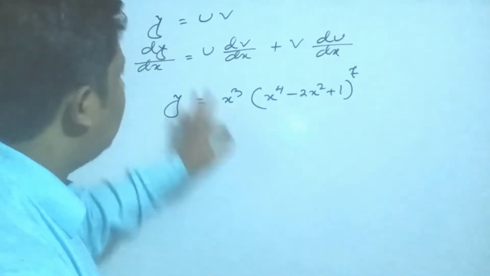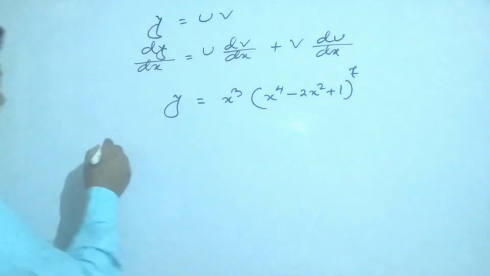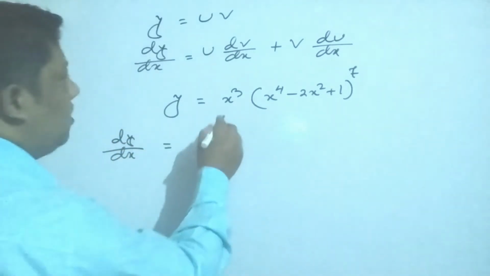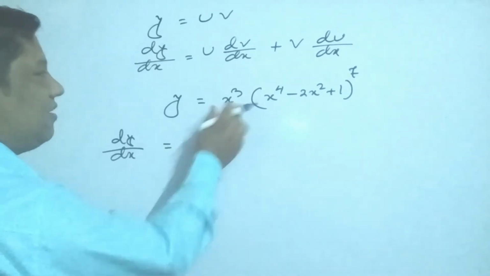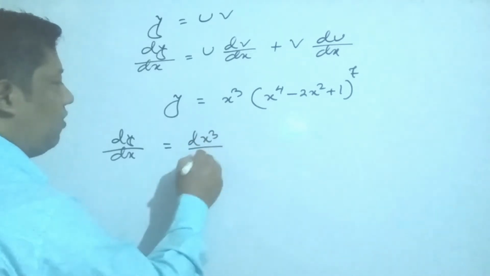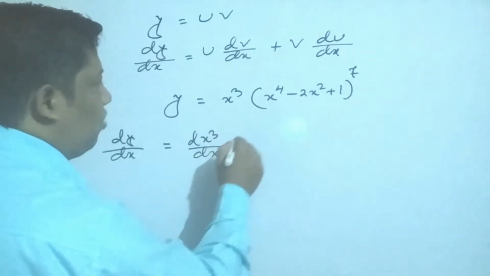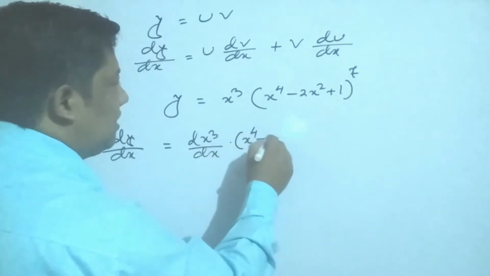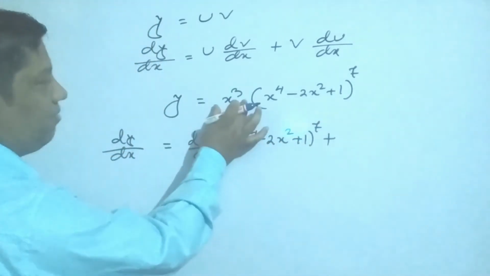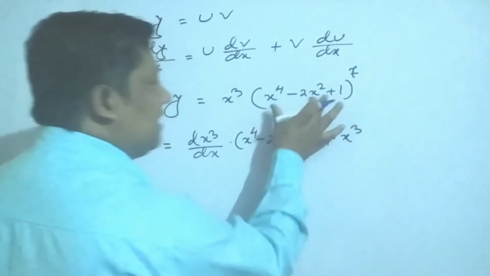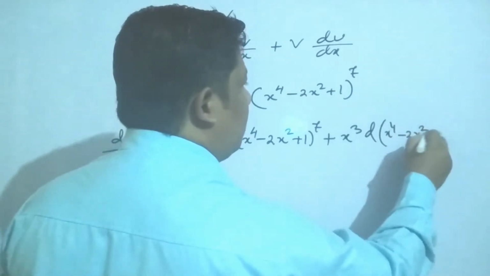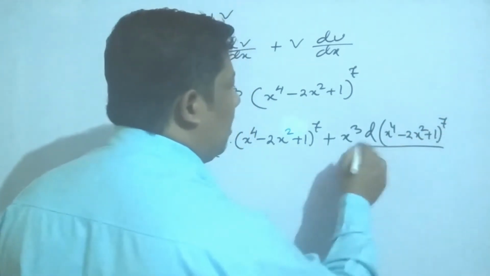Now using this UV form you can solve like this. dy upon dx equals, first differentiate this part, you get d(x cube) upon dx, and this part you leave, (x to the power 4 minus 2x square plus 1) power 7. Next, you leave the first part and differentiate the second part, d of (x to the power 4 minus 2x square plus 1) power 7 upon dx.